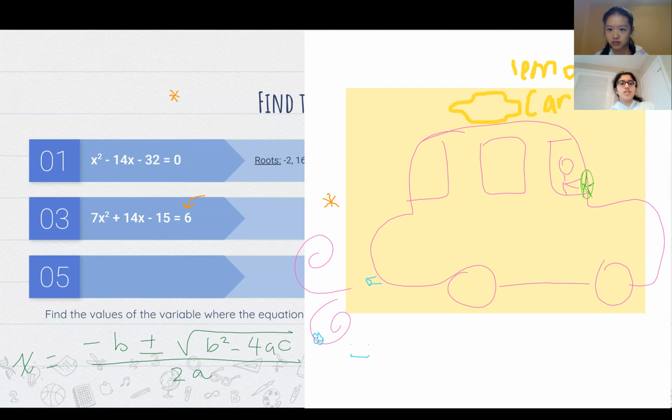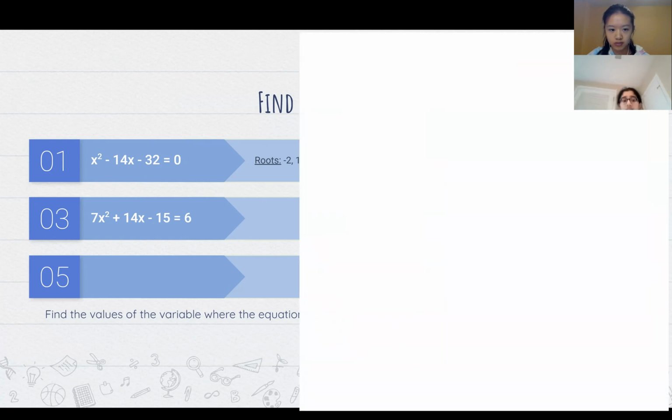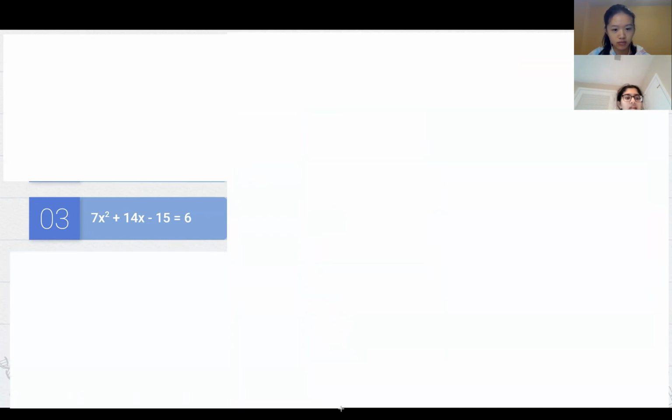Okay, I am starting to see some answers, so I will explain. So we have 7x squared plus 14x minus 15 is equal to 6, right? Okay, so we want to simplify. Set everything to 0.